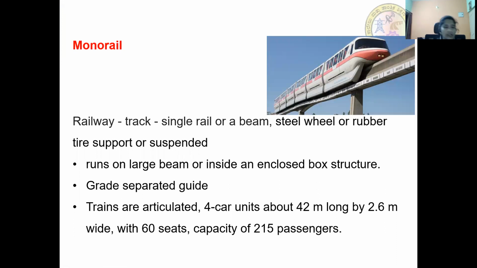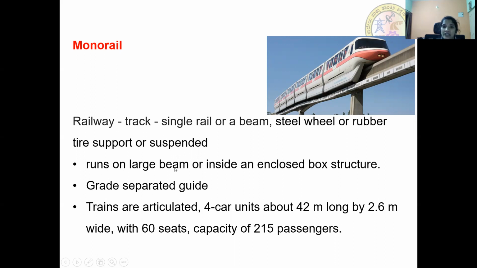In this transit, we'll be dealing with monorail. This is a typical figure of monorail. It's a railway track with a single rail or beam. Steel wheel or rubber tire supports are there, or it may be suspended.